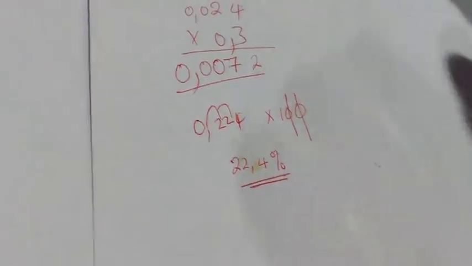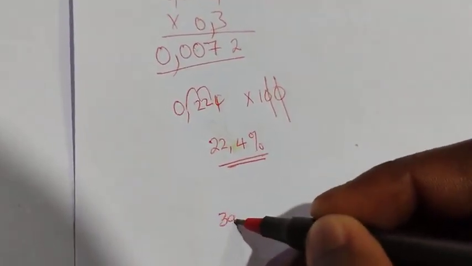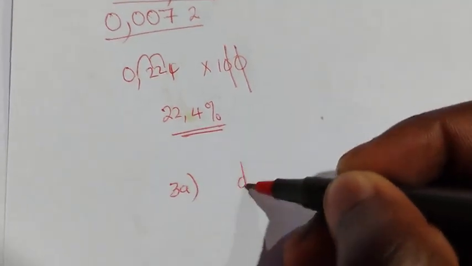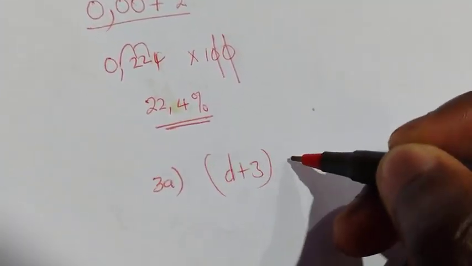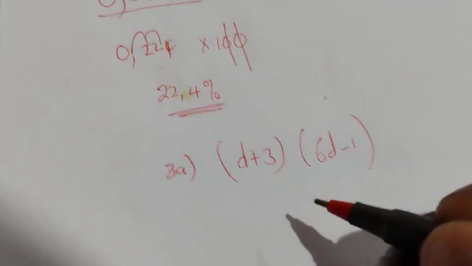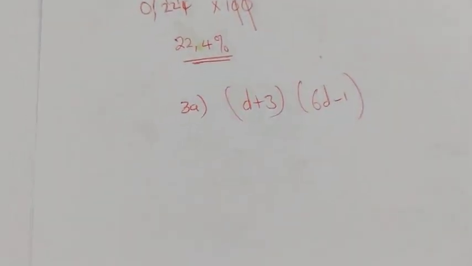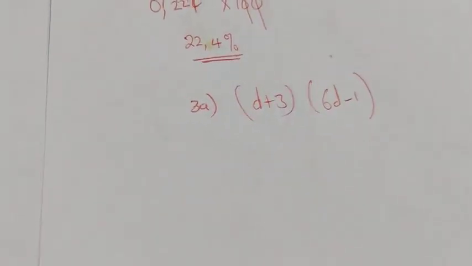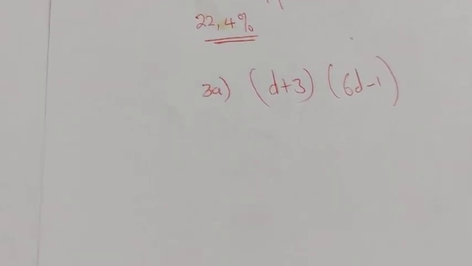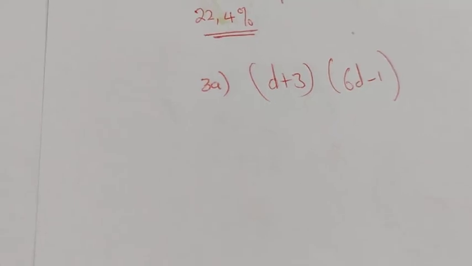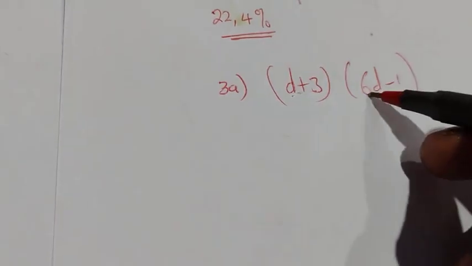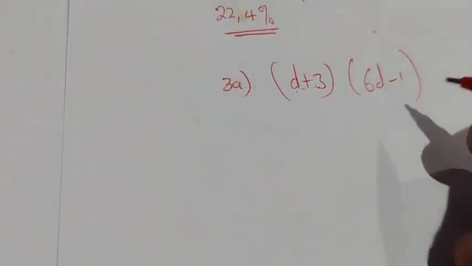Right? Then 3a, remove brackets and simplify. d plus 3 brackets 6d minus 1. So how do we remove brackets, or how can we expand? It is called expansion or the removal of brackets. So we have this bracket d plus 3 and the other bracket 6d minus 1.